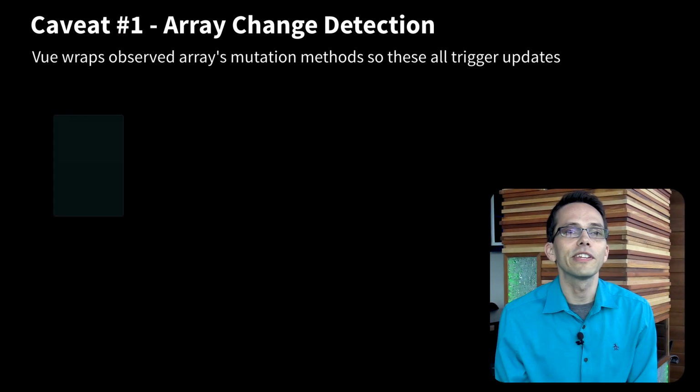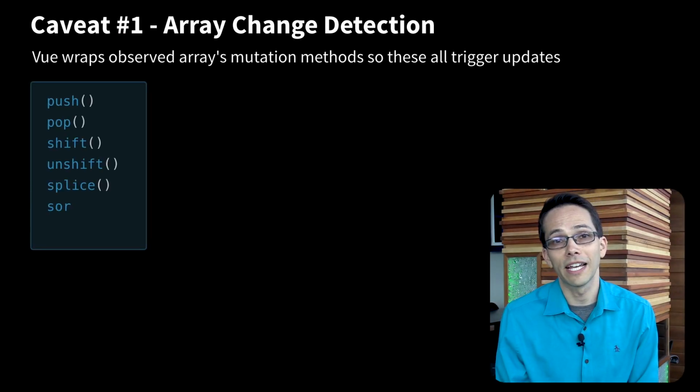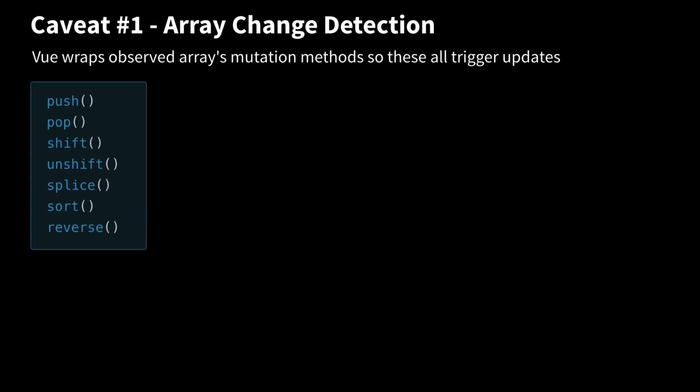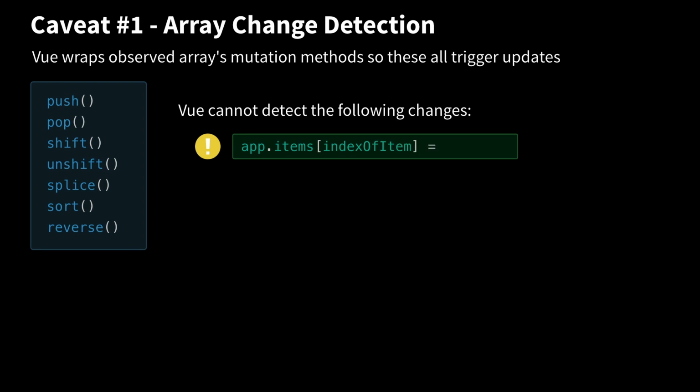There are two caveats you should be aware of to Vue's reactivity system. If you use any of these array mutation methods, don't worry, Vue wraps them properly so they trigger updates in the reactivity system. However, Vue can't detect the following change if you set an array like you see here.